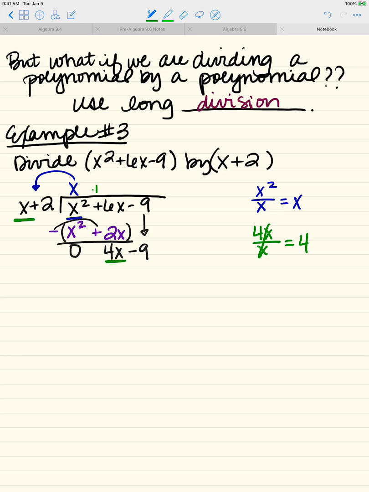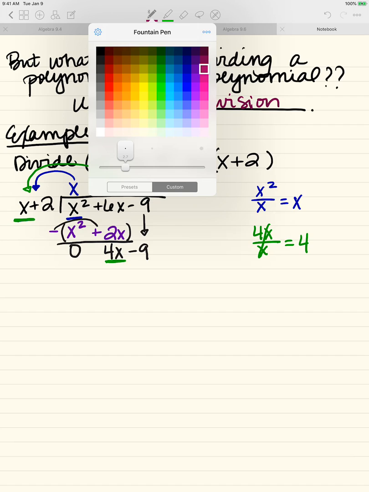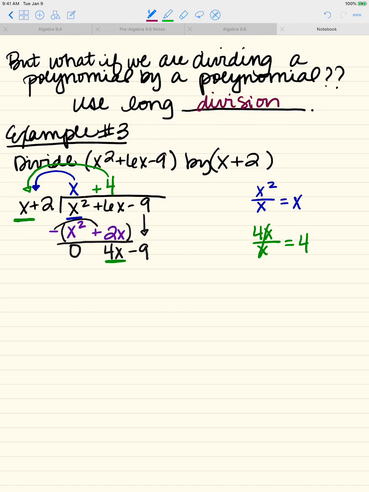Write that 4 in your quotient. Now take that 4, just like with our x, and multiply it by the entire divisor. So we do 4 times x plus 2. 4 times x is 4x. 4 times 2 is 8.